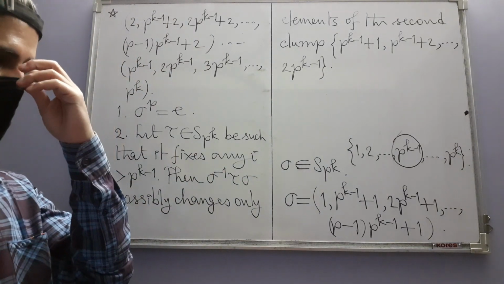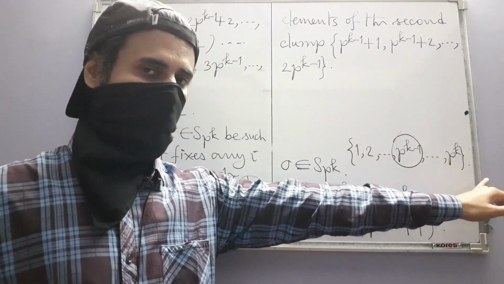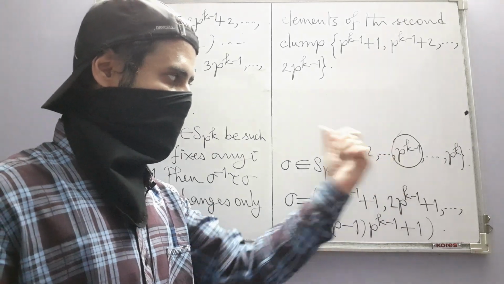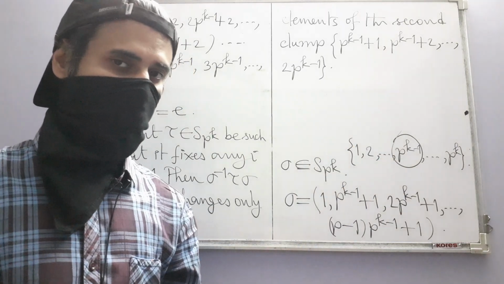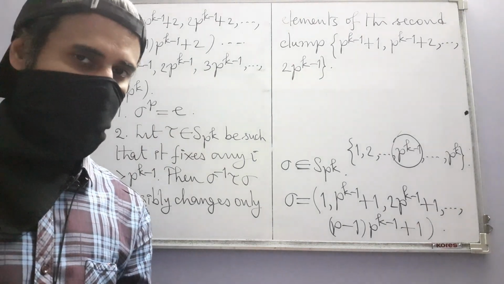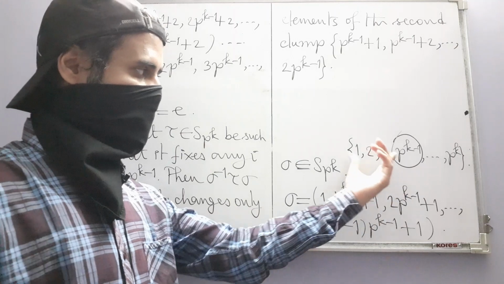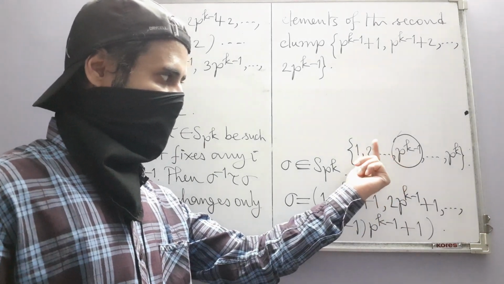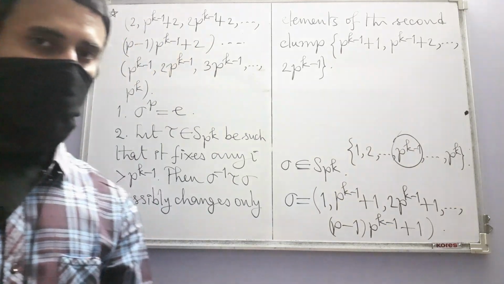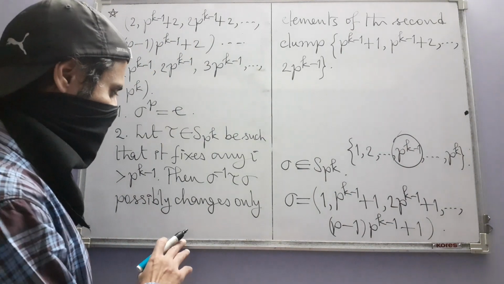Or, to be more precise, tau does not change any symbol on that part. Whatever tau does, it does in this region. That too, actually tau may not change anything at all. Tau may be identity. But even if it is not identity, its action is confined to this part only. That's what tau is. Nothing else is known about tau.